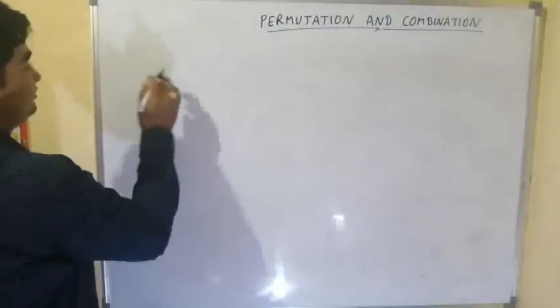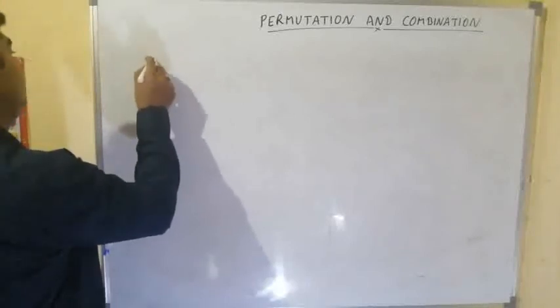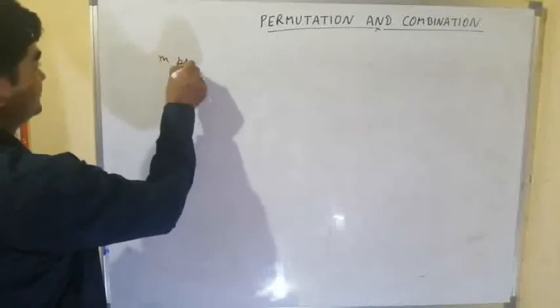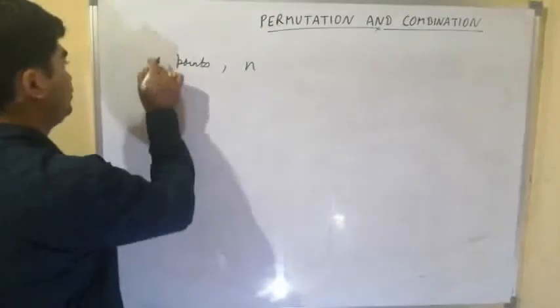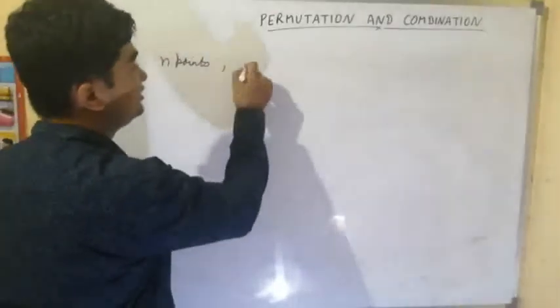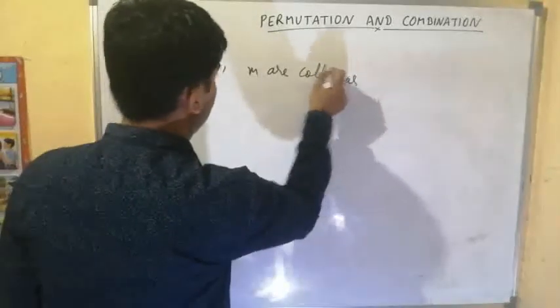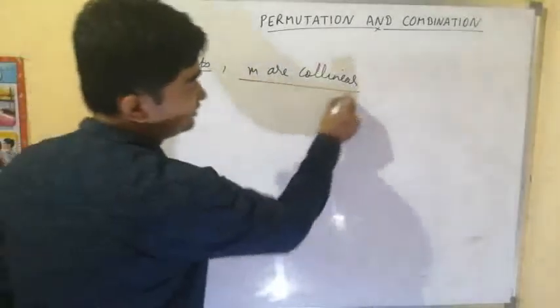Let us say there are n points in a space, and out of the total n points, m are collinear.